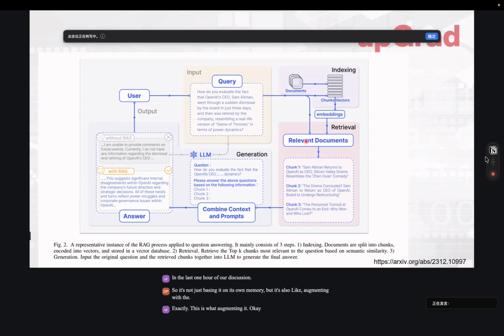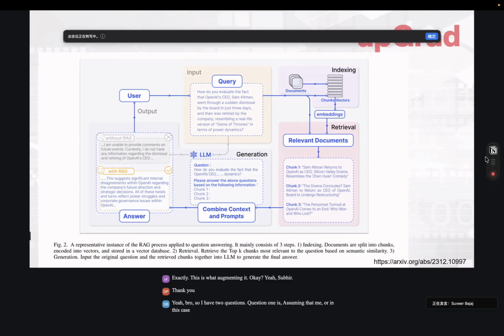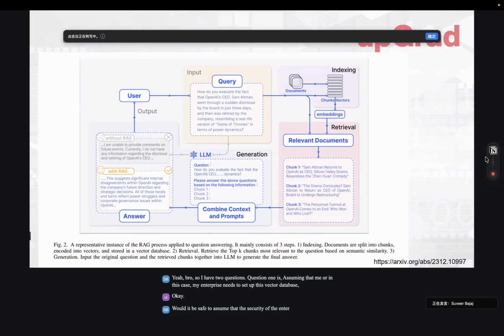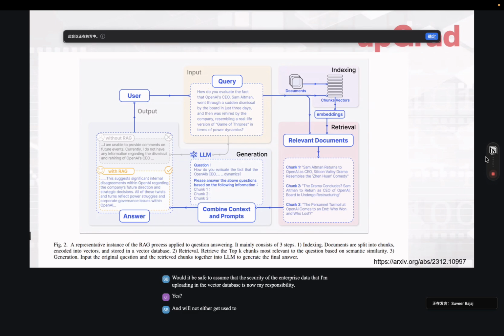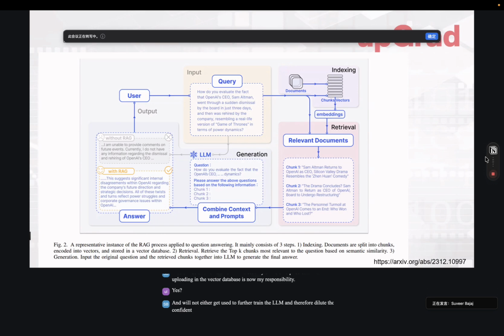Okay. Thank you. Suvir. Yeah, Prof. So I have two questions. Question one is, assuming that my enterprise needs to set up this vector database, would it be safe to assume that the security of the enterprise data that I'm uploading in the vector database is now my responsibility, and that it will not get used to further train the LLM and therefore dilute the confidentiality of my documents?